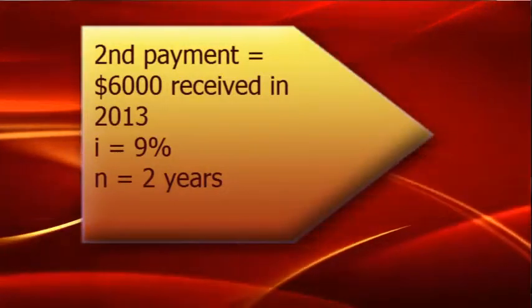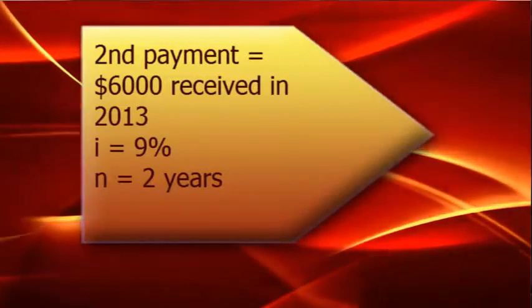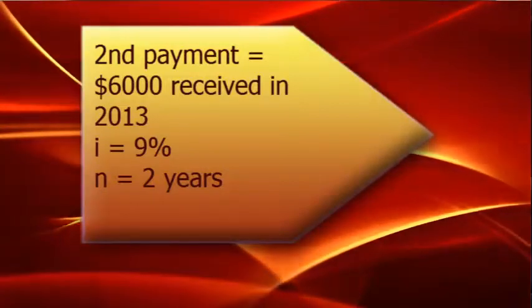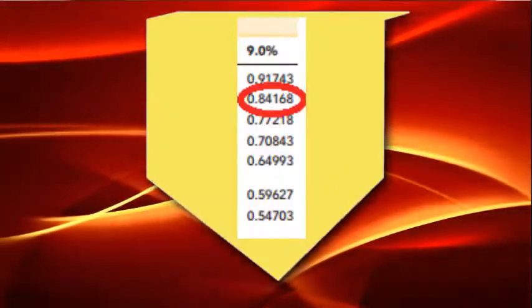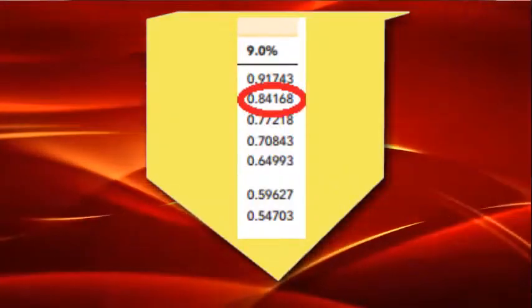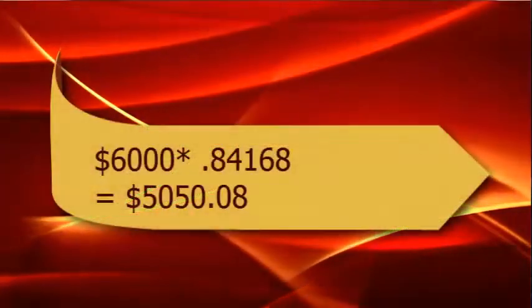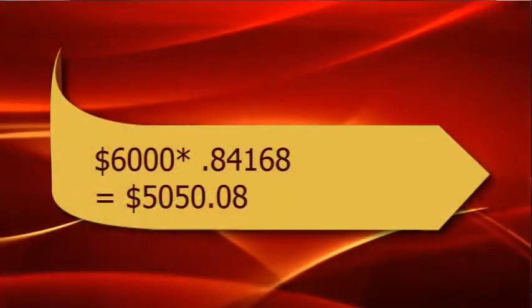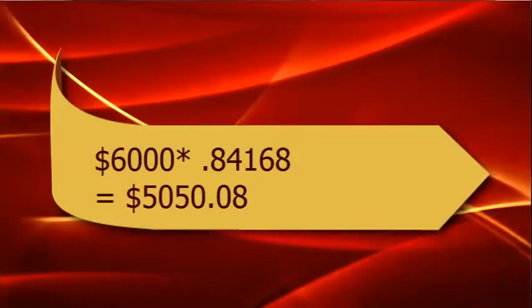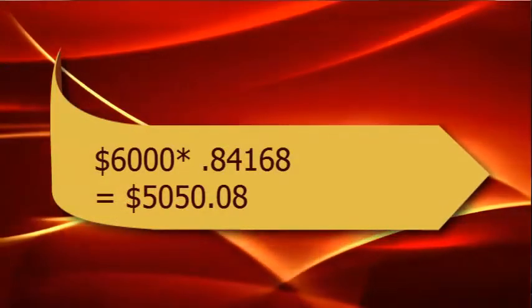We know I equals 9%, and since we are finding the present value in 2011, N equals 2. We find our value on the table for 9% at 2, which is 0.84168. So $6,000 times 0.84168 equals $5,050.08.